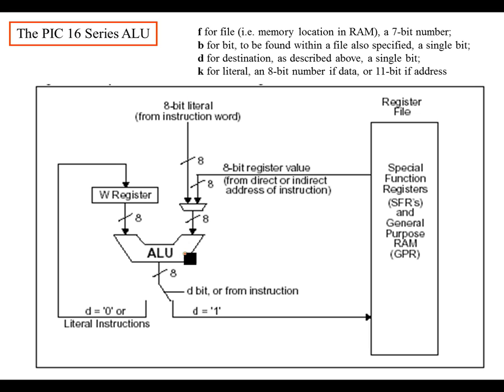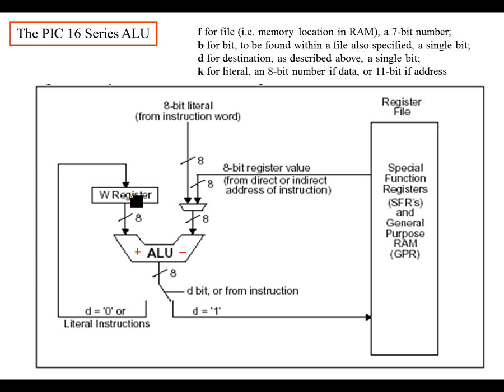You have an ALU which can do addition, subtraction, ANDing or ORing. So one basic function would be to add two numbers. This kind of diagram shows you where the data comes from and where it can go.